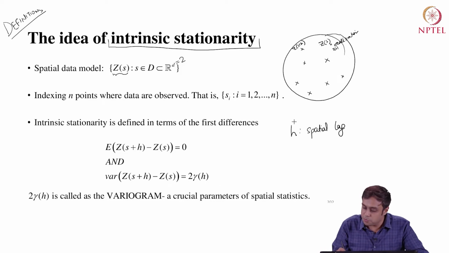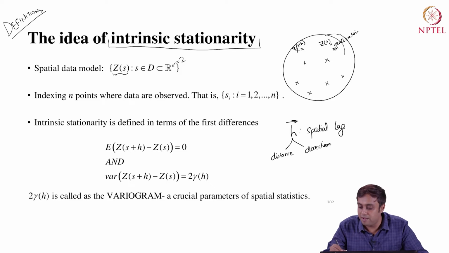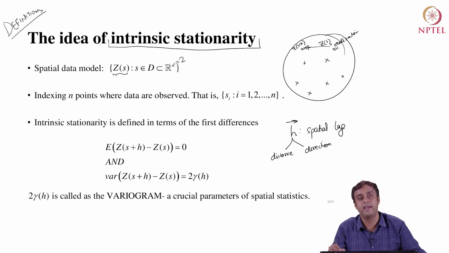h by itself is a vector. That means it encompasses both distance and direction. If I am moving from s to s plus h, I have the distance as well as the direction.